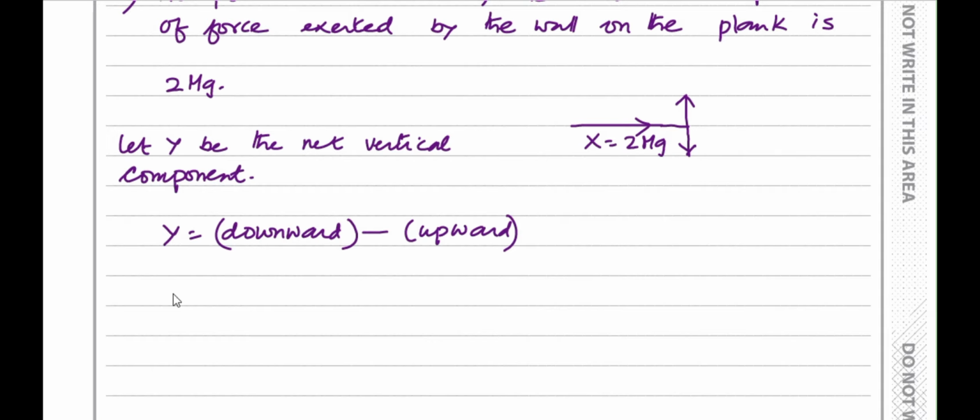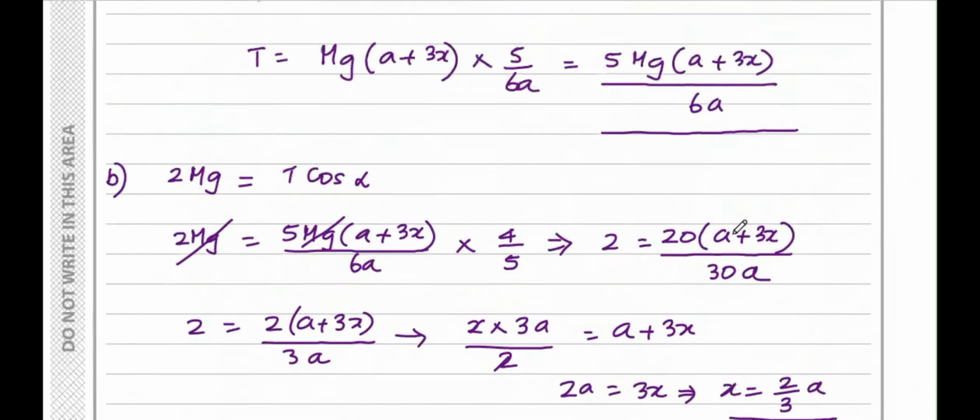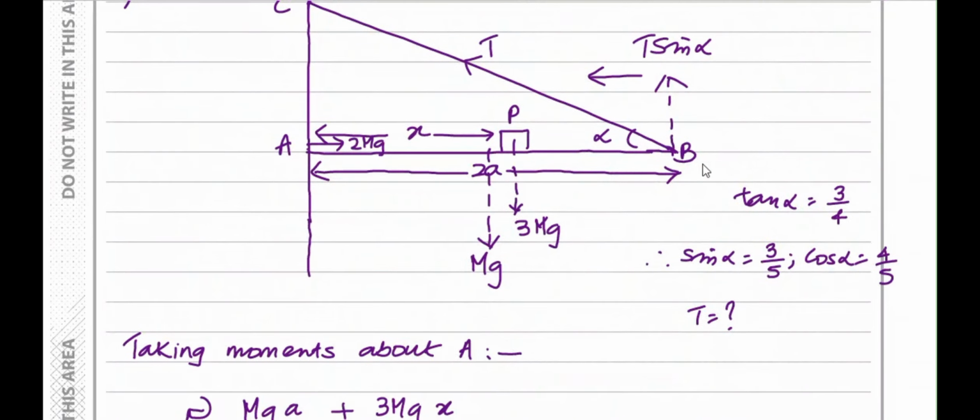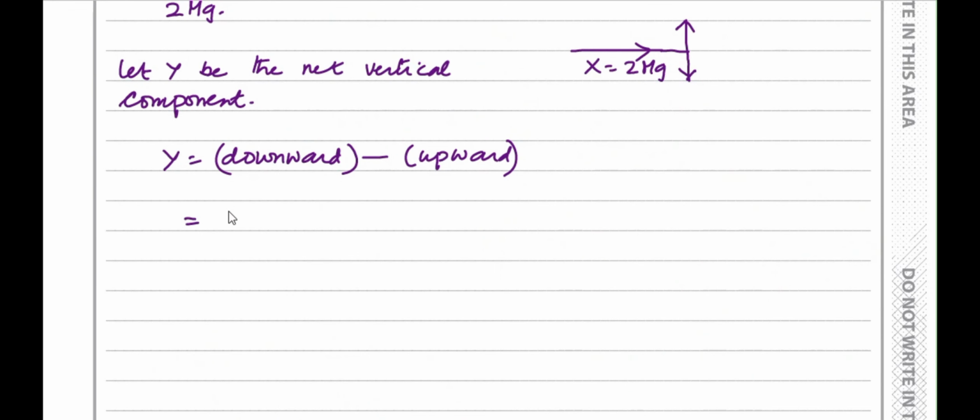Okay. Now what is the downward force? If you look at this, there is this weight mg and 3 mg doing the downward and T sine alpha going upward. That is equal to 3 mg plus 1 mg minus the upward was T sine alpha.